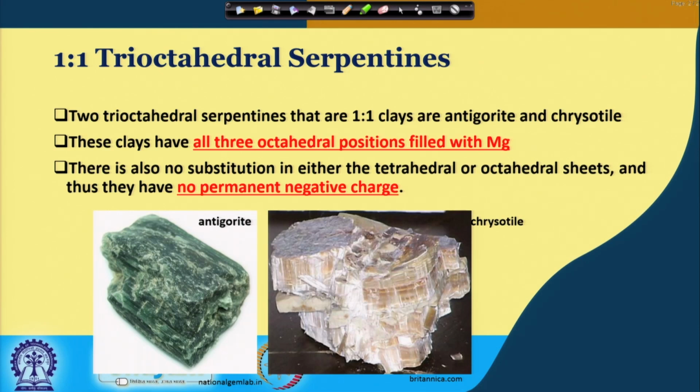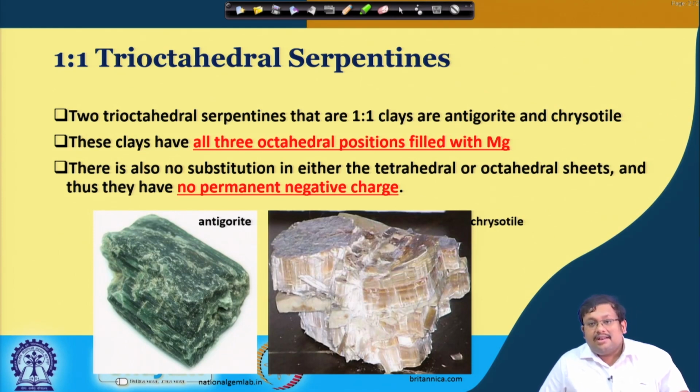So, today's lecture will start with the 1:1 trioctahedral serpentines. Now, there are 2 trioctahedral serpentines that are 1:1 type of clay, and the most important are antigorite and chrysotile, and these clays have all 3 octahedral positions filled with magnesium.